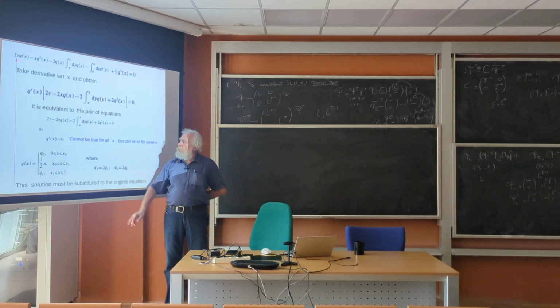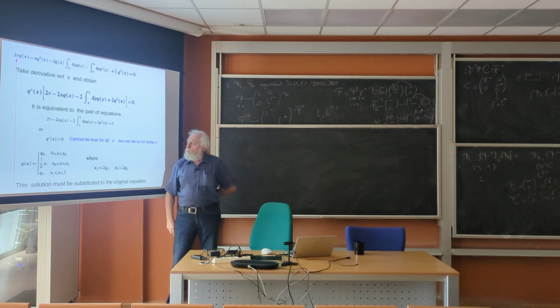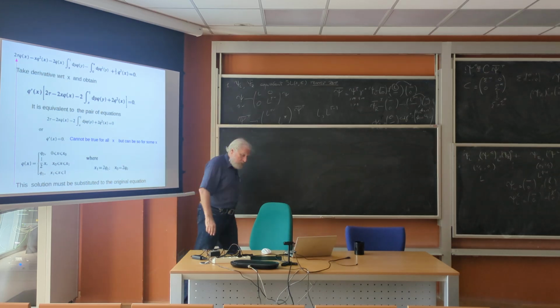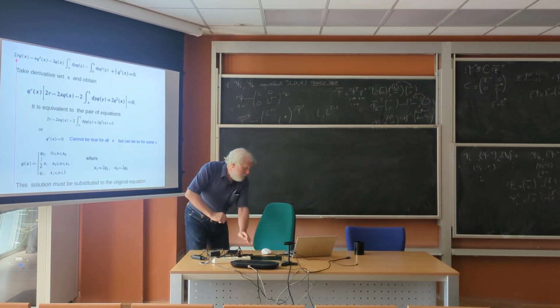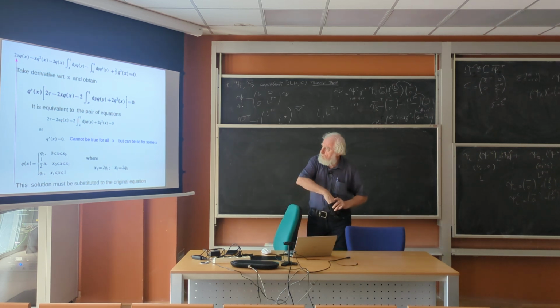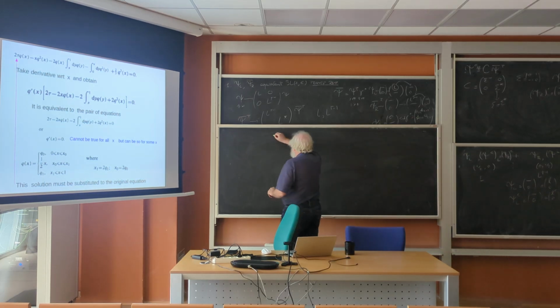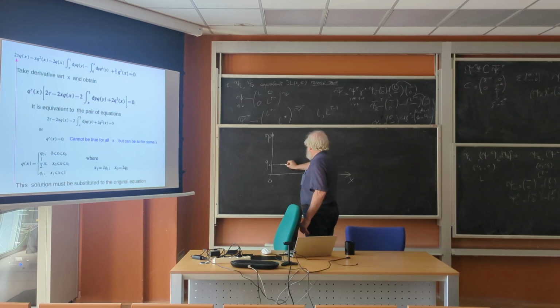In particular, we can look for the solution of this equation in such a way that between 0 and some x naught, it is q naught, then it goes linearly up to some x1, and then again it goes as a constant.